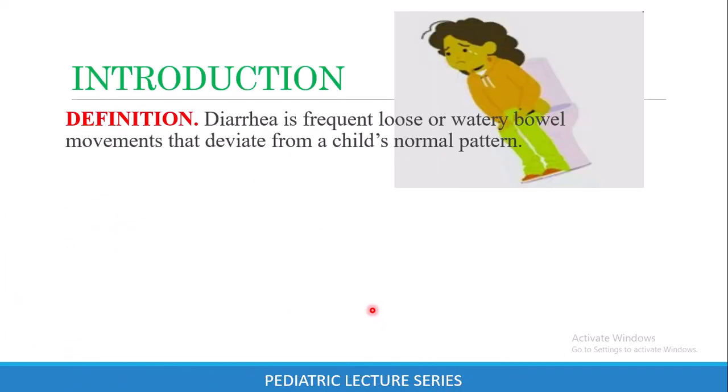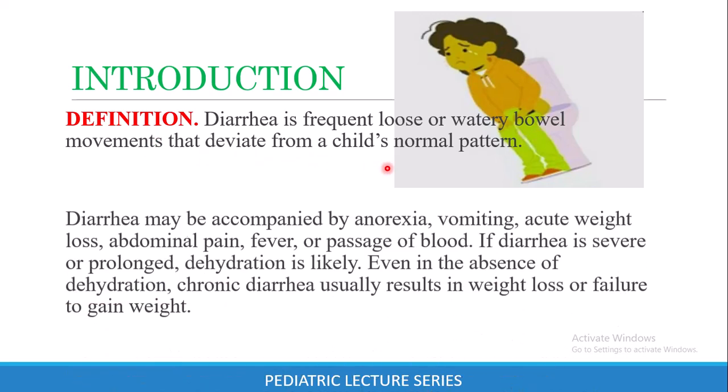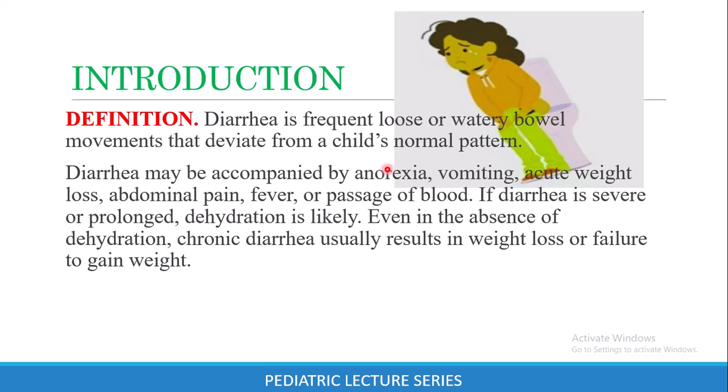So in the introduction, let's define diarrhea, which is frequent loose or watery bowel movements that deviate from the child's normal pattern. Diarrhea may be accompanied by anorexia, vomiting, acute weight loss, abdominal pain, fever, passage of blood in stool. If diarrhea is severe or prolonged, dehydration will definitely occur.